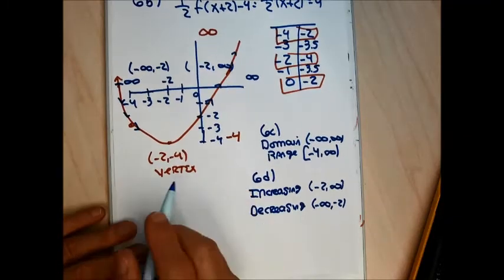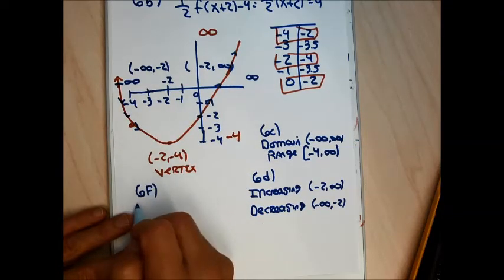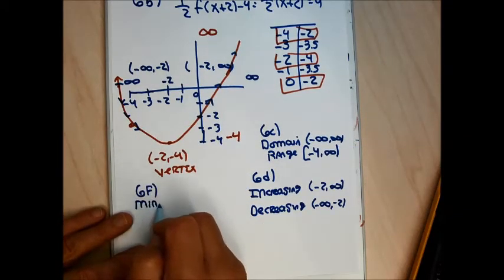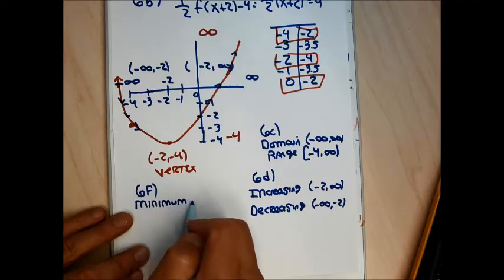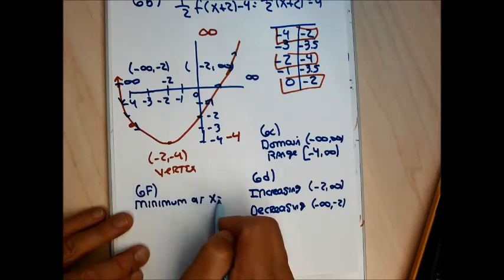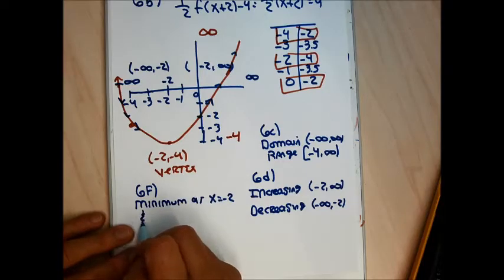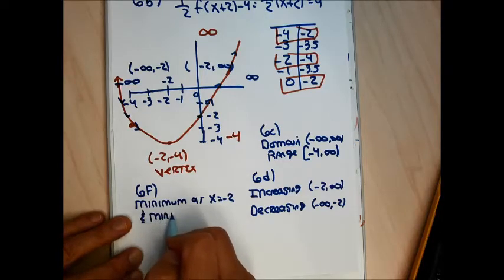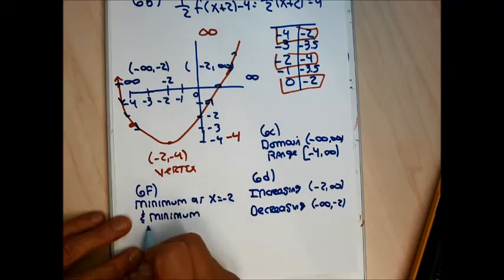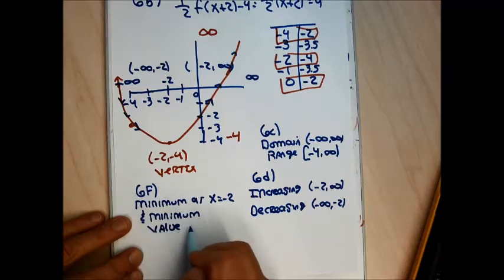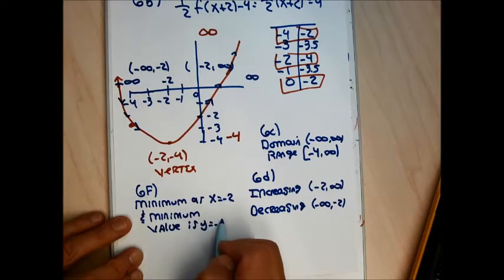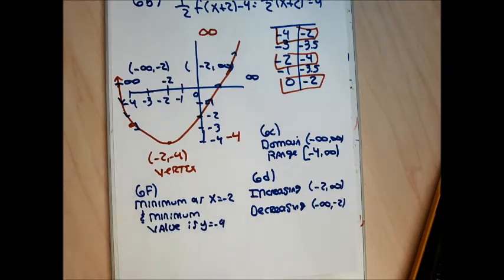When I go to answer part F, I'm going to say there's a minimum at x equal to -2, and the minimum value is y equal to -4. So when you're answering the part about the maximum or the minimum, you have to include both the x and the y coordinates in that answer.